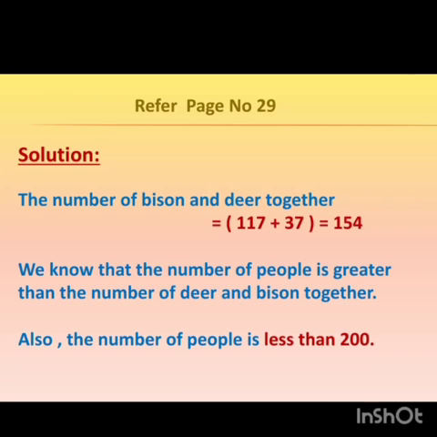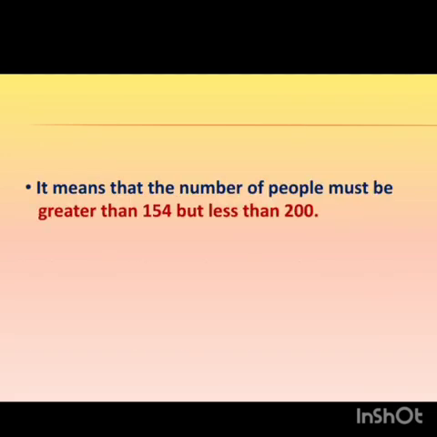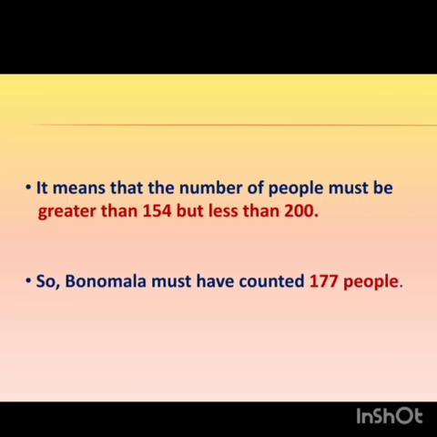Also, the number of people is less than 200. It means that the number of people must be greater than 154 but less than 200. So, Bonumala must have counted 177 people, as the number 177 comes between the numbers 154 and 200.